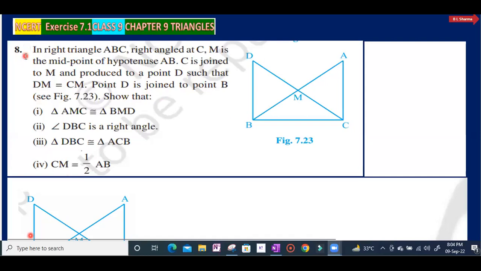Question number 8, very good question on your screen. In the right triangle ABC, right angle at C, M is the midpoint of hypotenuse AB.